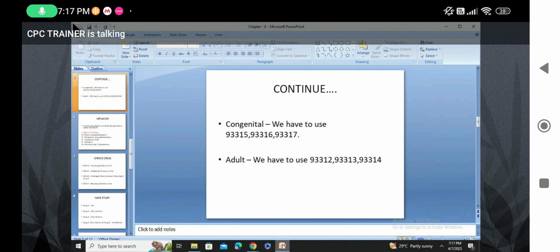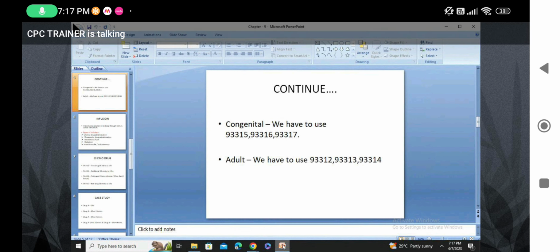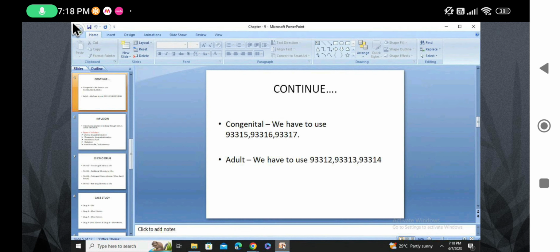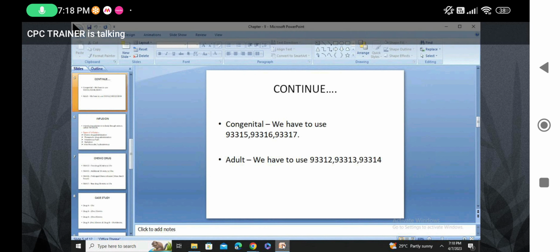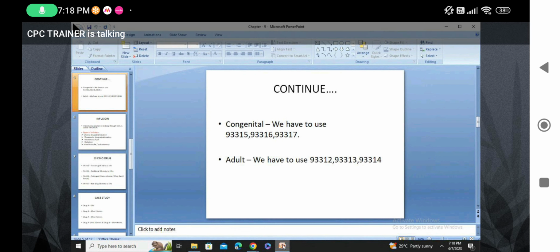So 93313 is TEE with probe placement. And the next one is 93314.